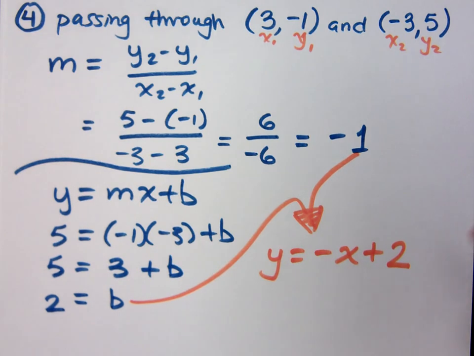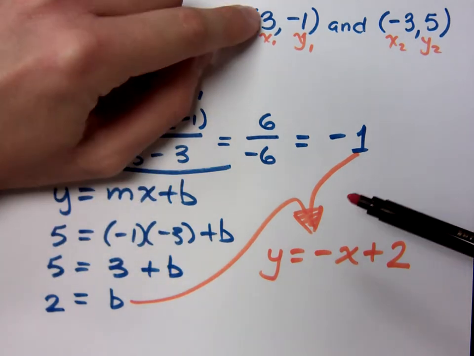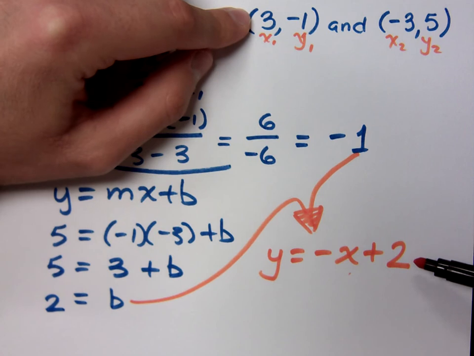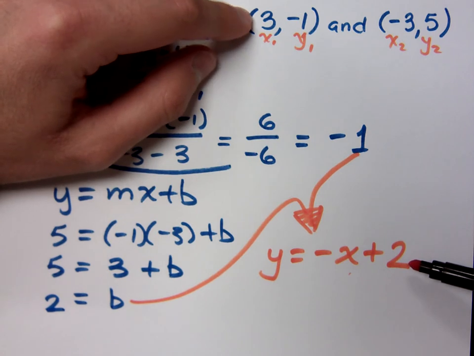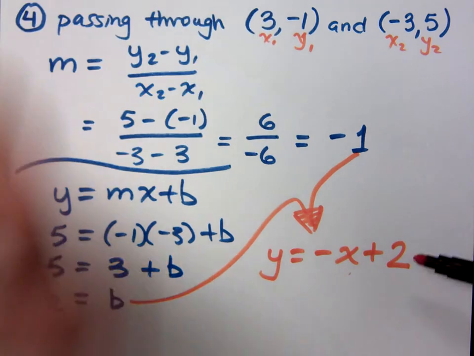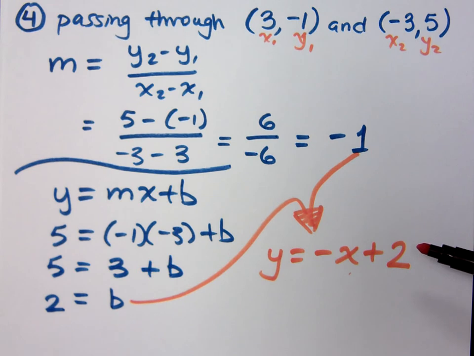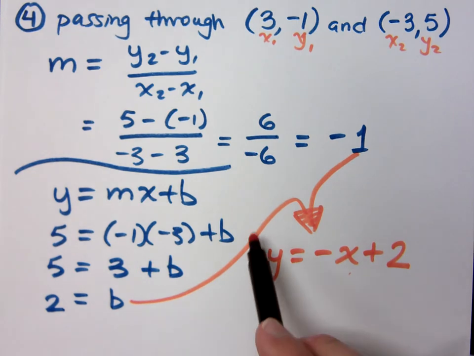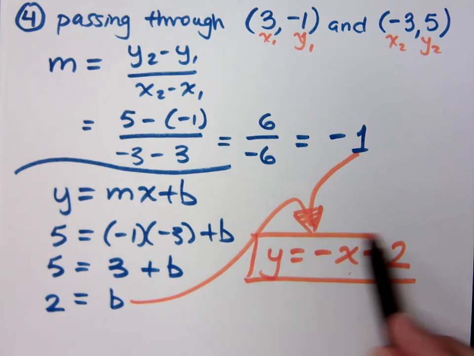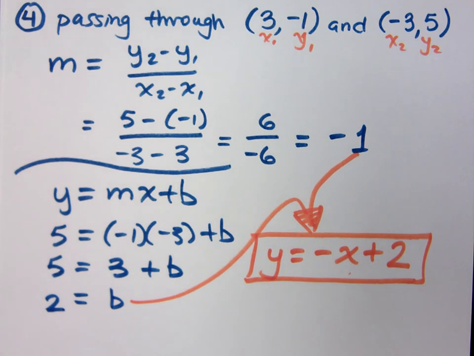Now that should satisfy both of these points. If I were to plug in 3, what's -3 plus 2? Isn't it -1? So everything works out. You guys okay with that? Everybody's happy?